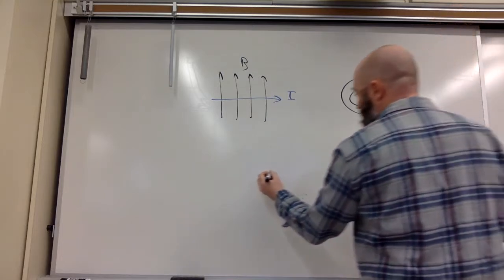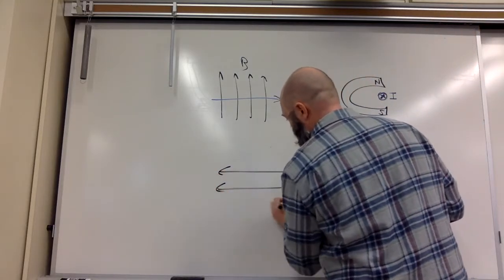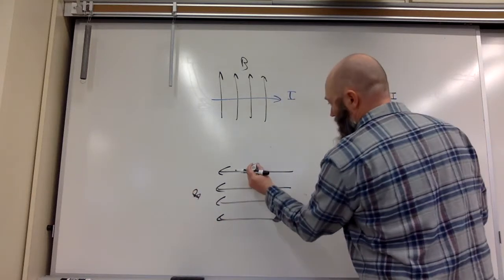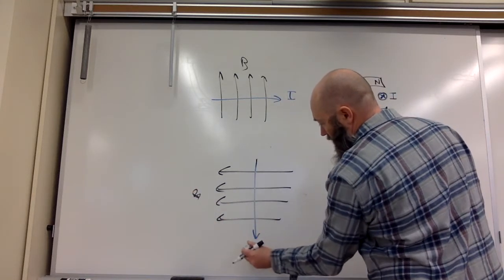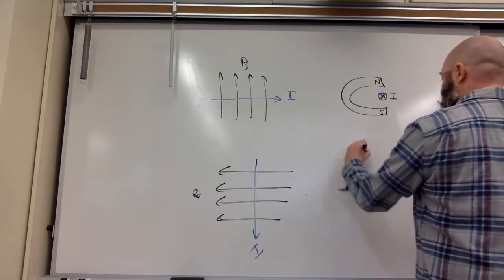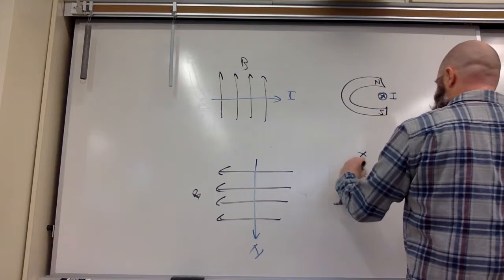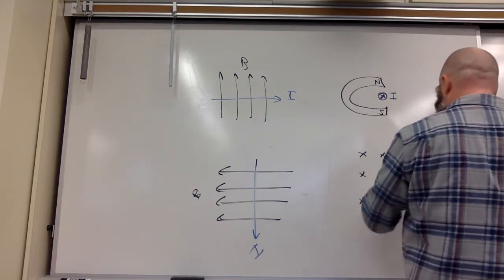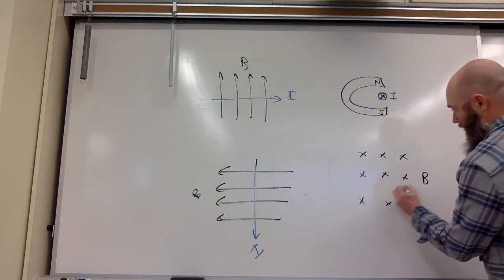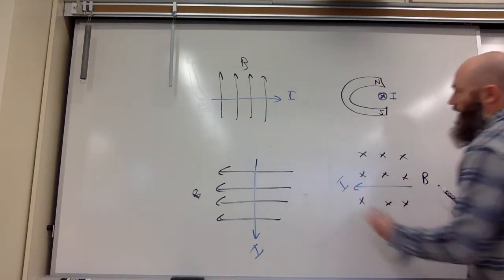Let's say I have a magnetic field, and my current is going that way. Let's say my separate magnetic field is like this, and my current is going that way.